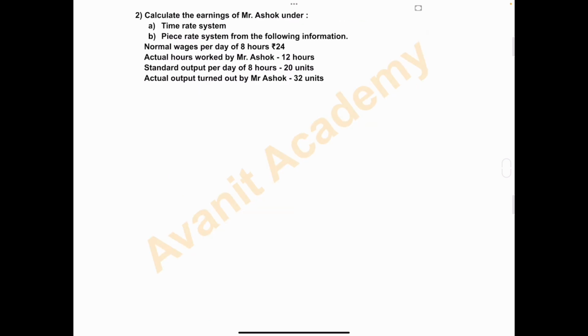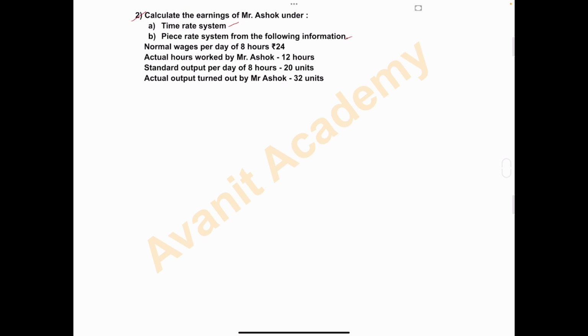We will solve a 10 marks problem on time-based system and piece rate system. Let's start. Problem number 2. Calculate the earnings of Mr. Ashok under A. time rate system, B. piece rate system from the following information.